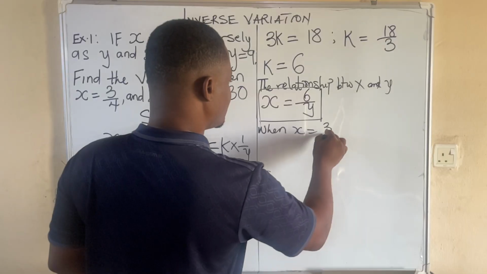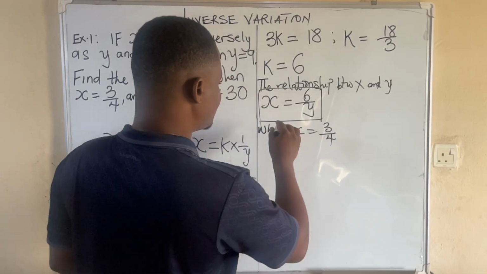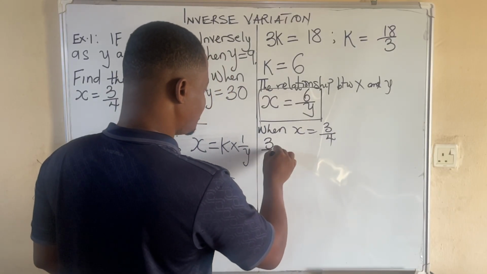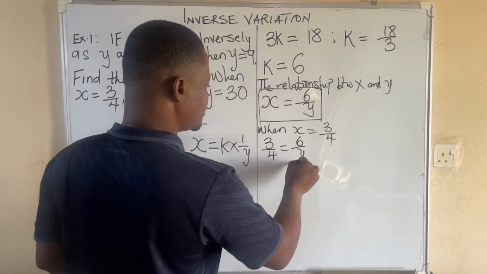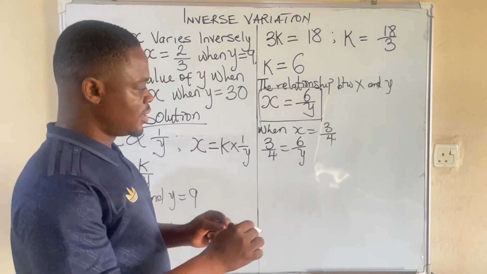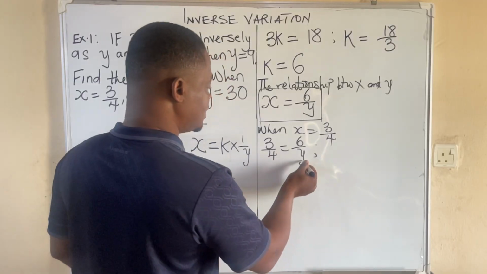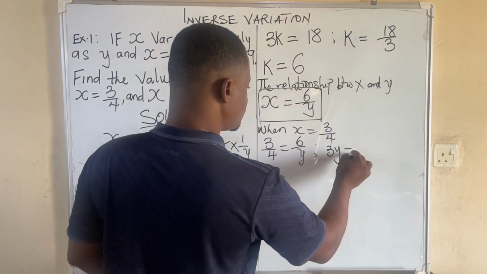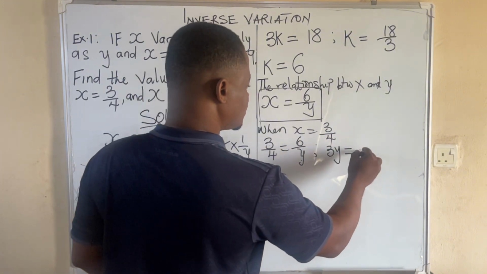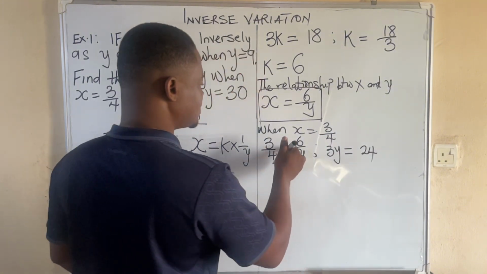So when x equals 3 over 4, we have that 3 over 4 is equal to 6 over y. We'll cross multiply, and when we cross multiply, this times this will give us 3y to be equal to this times this, which will give us 24. That is 4 times 6.